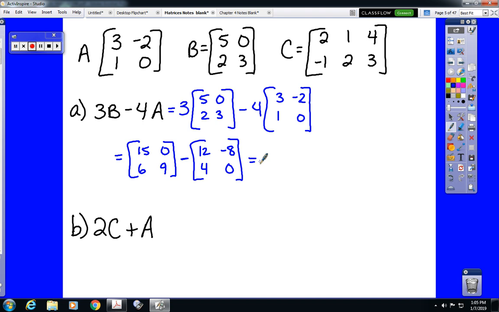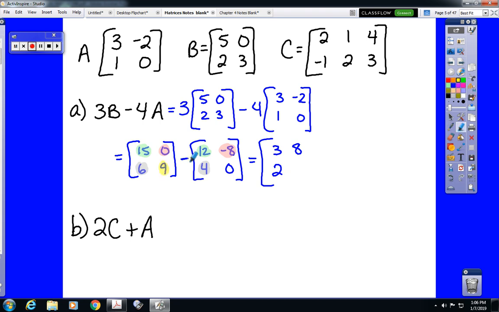Then we do what we did on the first page. We're going to go through and we're going to subtract location by location. So 15 minus 12 is 3. 0 minus -8 is 8. 6 minus 4 is 2.